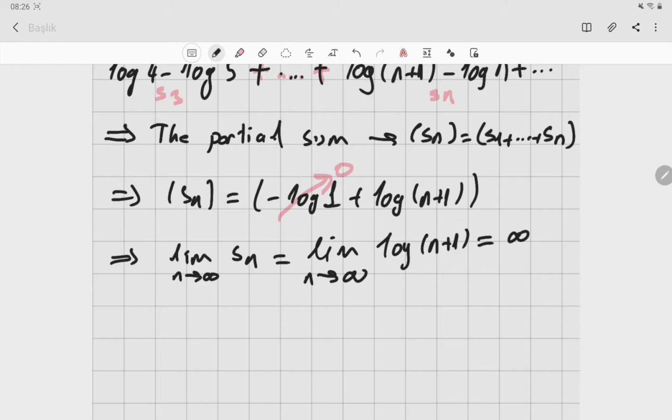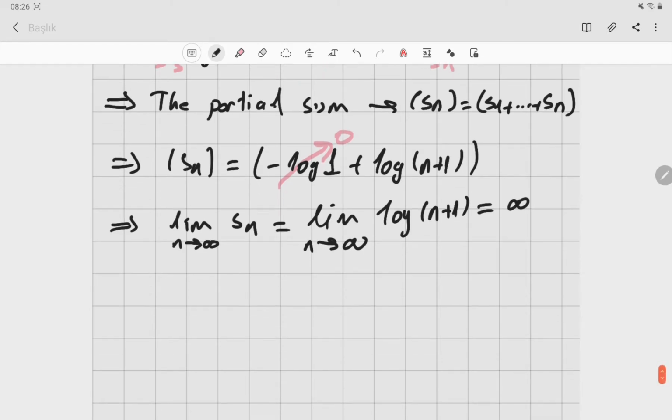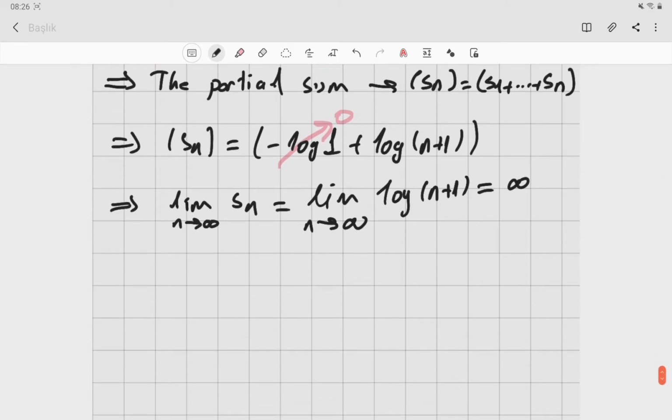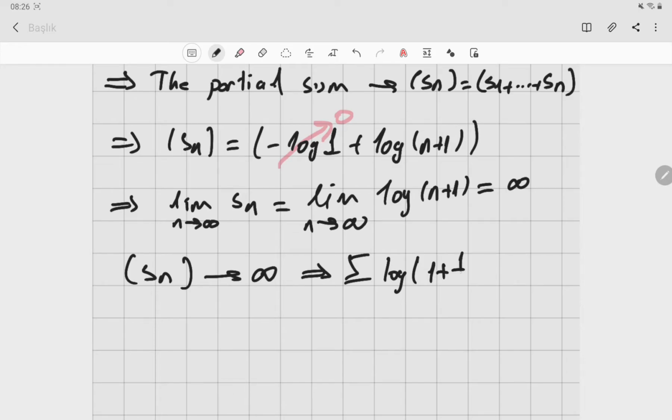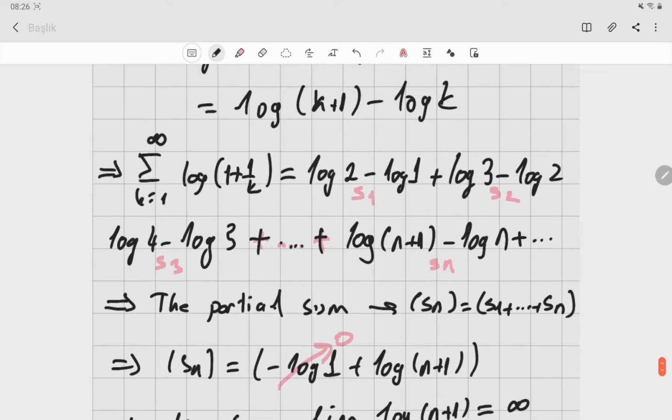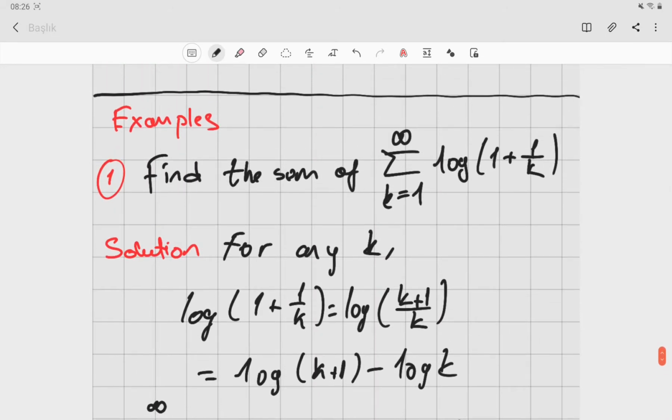So our partial sum is divergent, so Sn divergent means that our series is divergent. The sum is infinity.